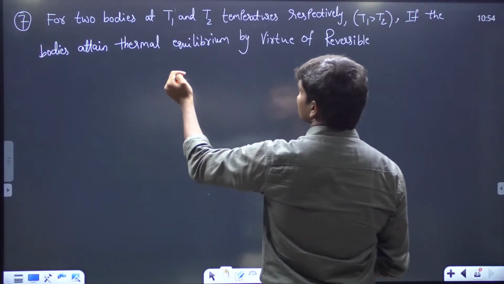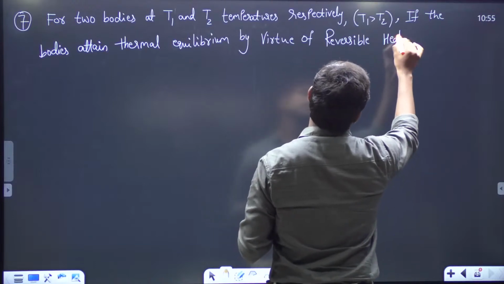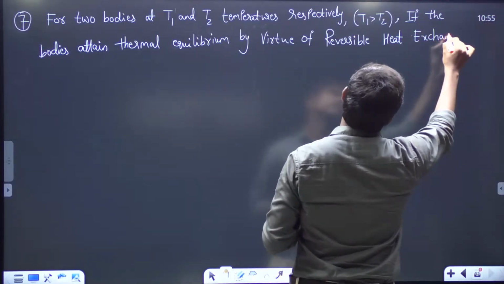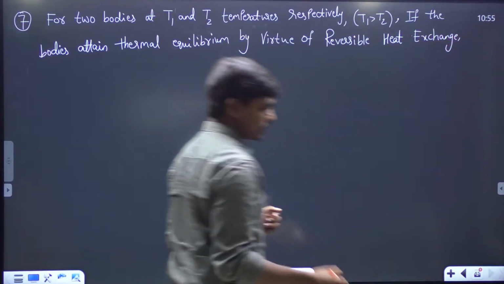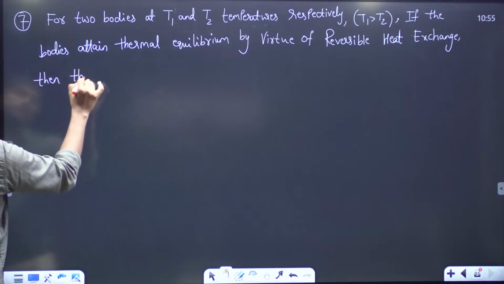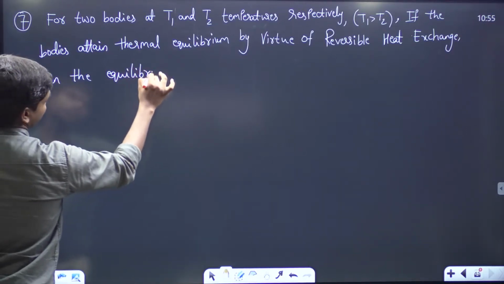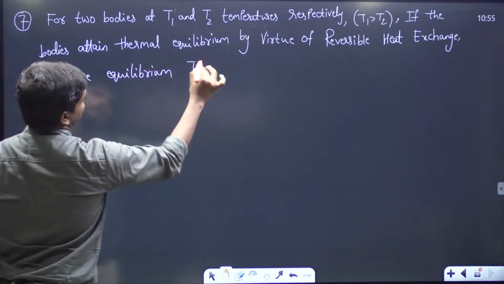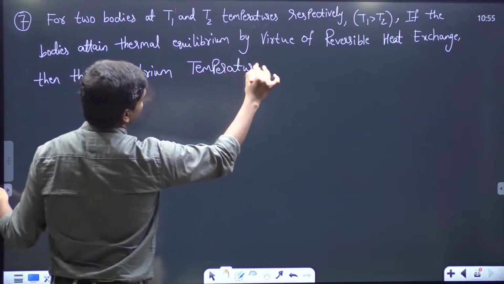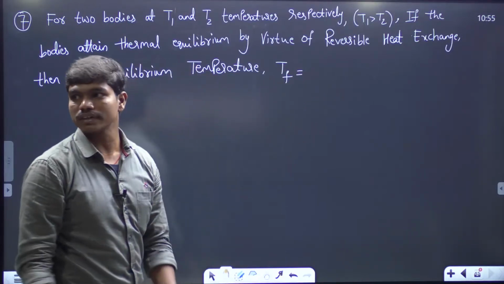So if the bodies attain thermal equilibrium by reversible heat transfer, or you can write by reversible heat exchange, then the equilibrium temperature TF is equal to, can someone tell me the expression for this?